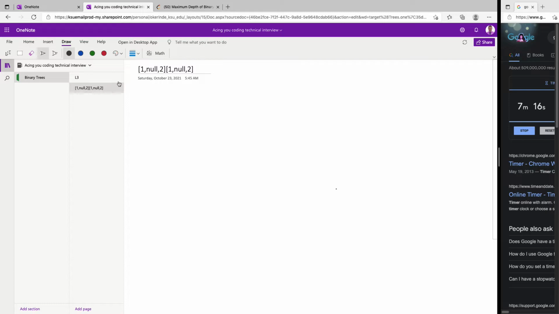So I'm trying to draw this. We have a root node which has a 1, the left is null, and this is 2. Okay, so this is the way this would be.